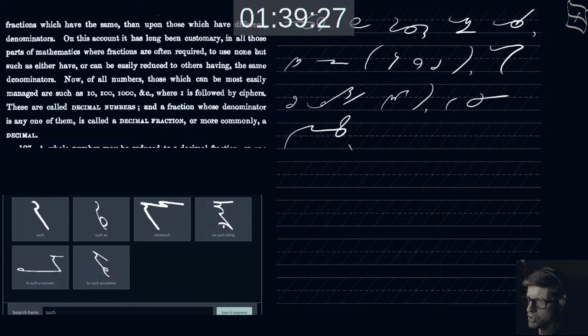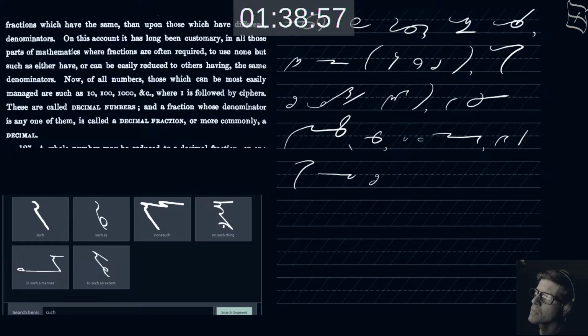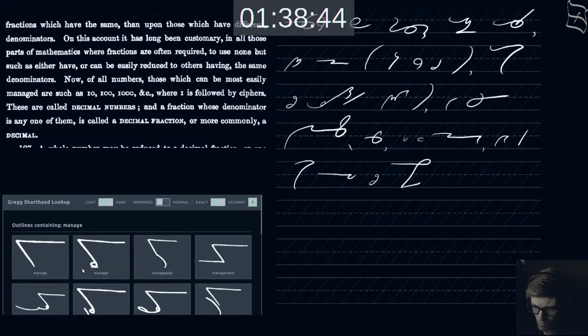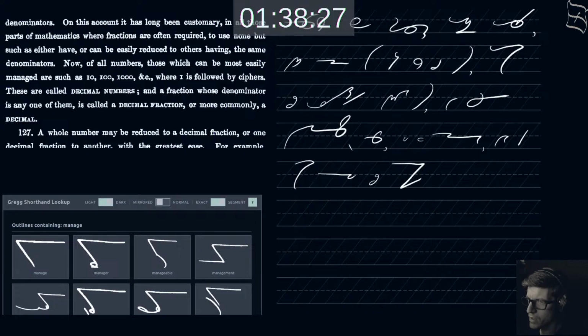Now, of all numbers, those which can be most easily managed are such as 10, 100, 1000, etc. Let's see if that's managed. Nope, just MG.